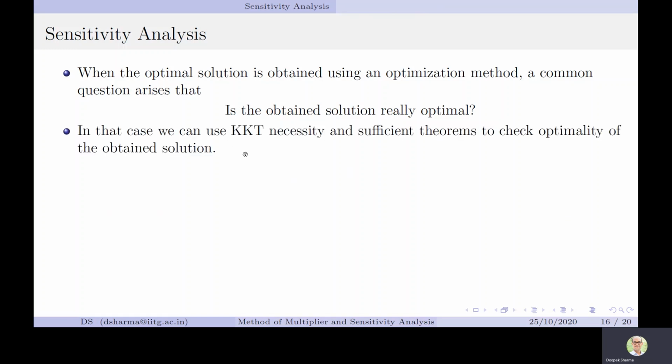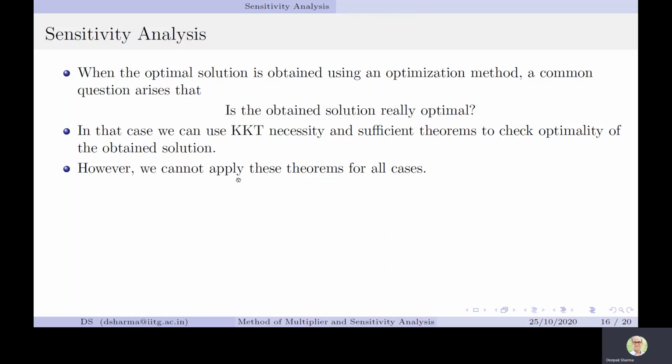In order to answer this, we can use KKT necessary and sufficient theorems to check the optimality of the obtained solution. So here, when we are saying KKT condition, this means that we are performing sensitivity analysis for constraint optimization.